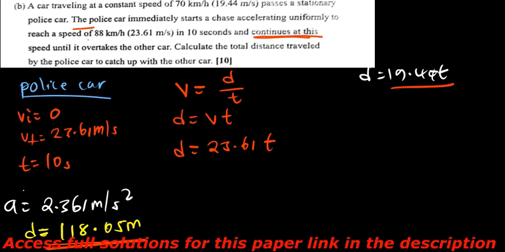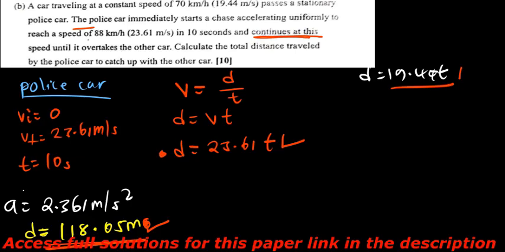So in short, when I add this distance and this distance, it should be equal to that distance. What do I mean? The distance for the police, this is the distance for the police, and that is the distance for the police. Oh no, this is the distance for the police. So you add the distance for the police, and it should be equal to the distance of the car. For you to overtake the car, the distance traveled by the police and the distance traveled by that car should be the same.